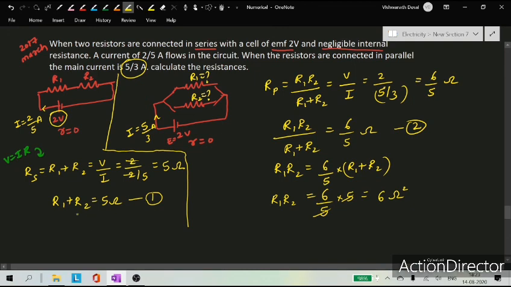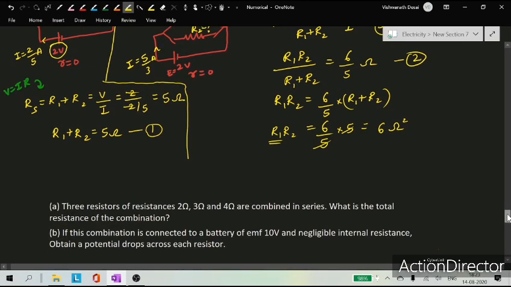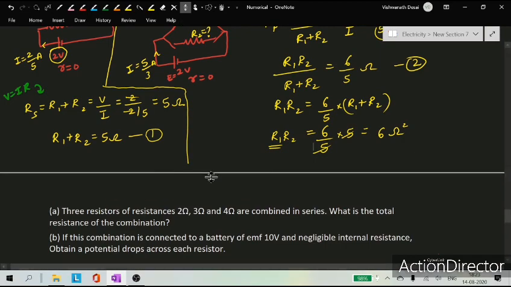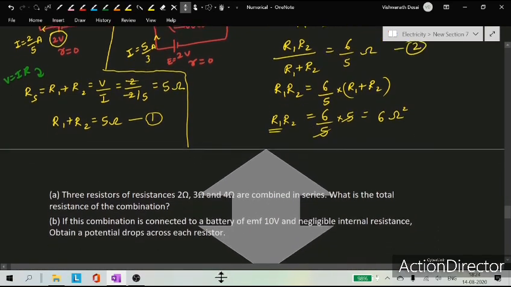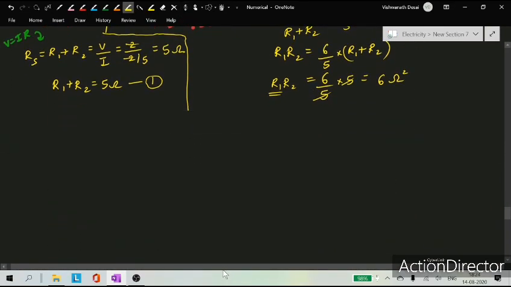So R1 plus R2 you have, R1 R2 also I have. Now I need to calculate R1 minus R2. To calculate that, you need to have a formula: A plus B whole square minus A minus B whole square is equal to 4AB.